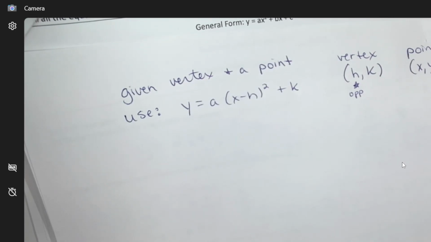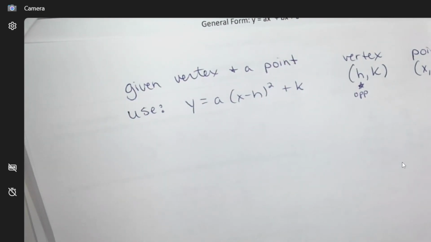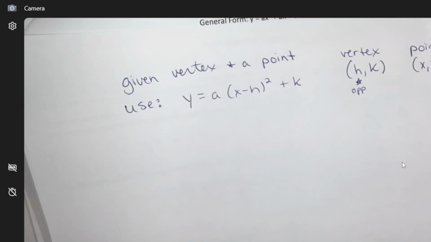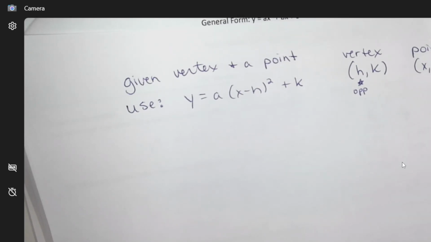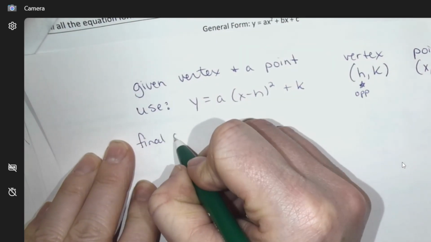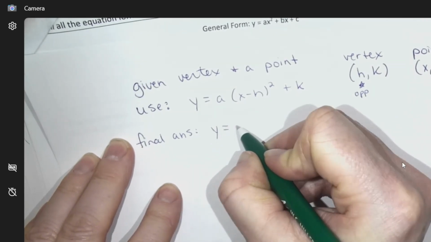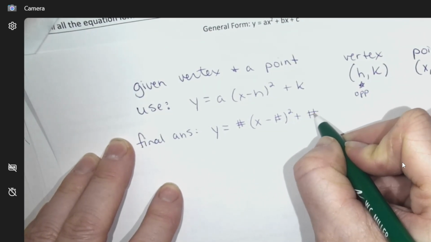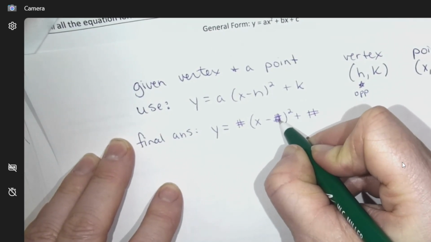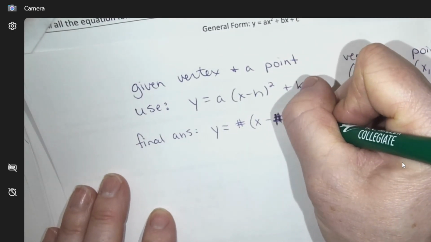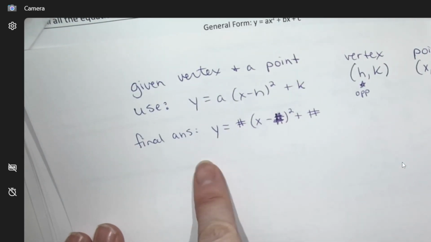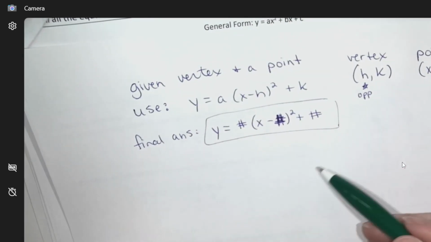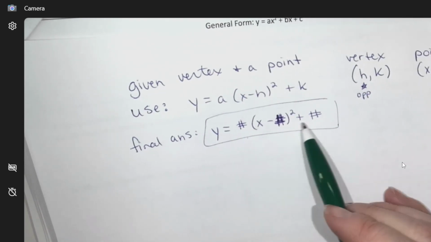And then I would say, if I had a point, that would be replacing x's and y's. Okay, and then I'm just going to remind myself my final answer has to look like that with numbers in those spots.